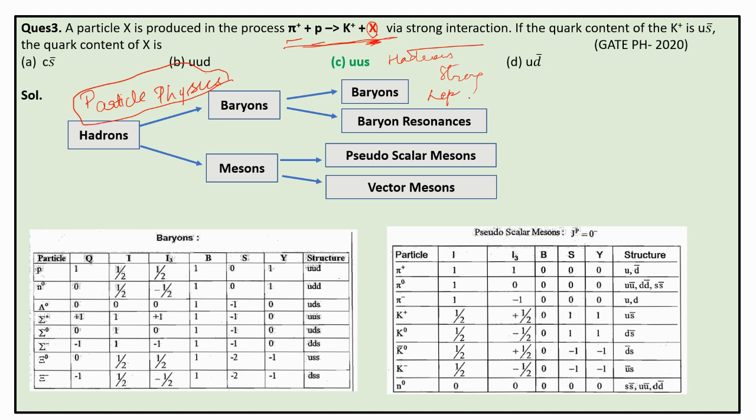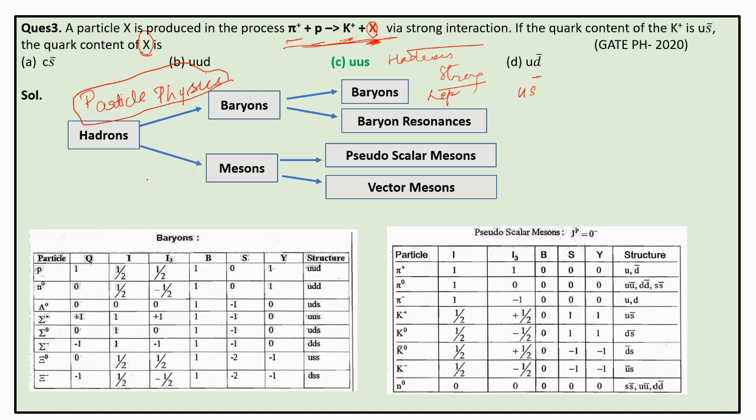Leptons do not undergo strong interaction. The quark content of K positive is given to us as u s bar, and we need to find out the quark content of this X. As the question says, the first thing we need to do is to identify the particle.